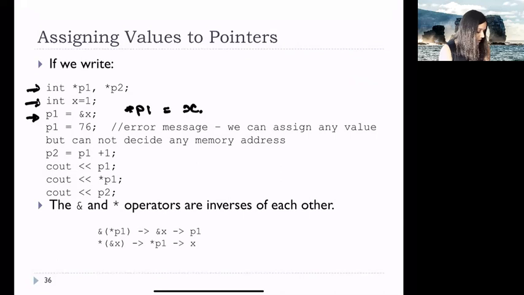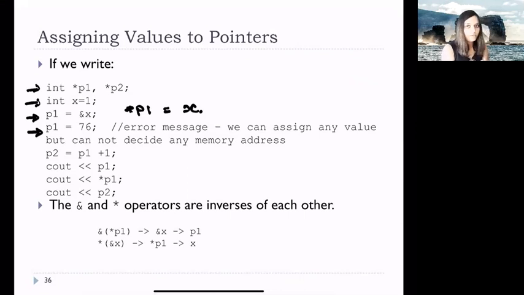When you try to assign a value, like if we say p1 is equal to 79, that means you are trying to force the system to assign a specific memory location. That's illegal, right? You can say what you want to store, but you cannot say where you want to store it in the computer.